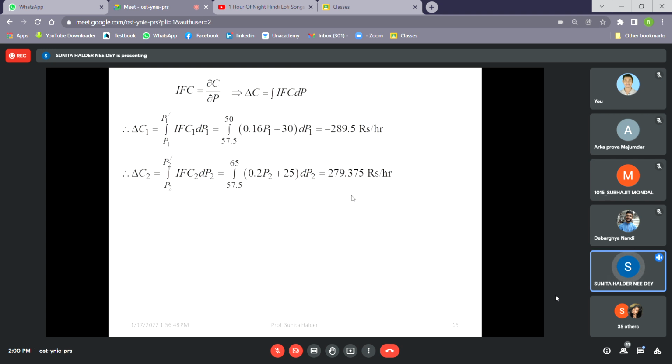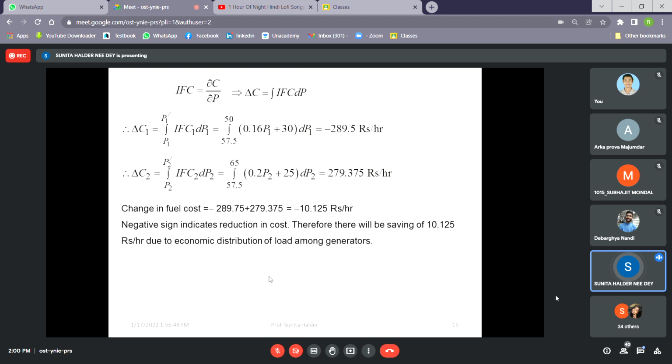In that way, the overall plant cost will be lower, but the individual generation cost may be higher due to economic load distribution. 57.5 megawatt generation was better for generator unit 2, but it was not good for unit 1. So overall the distribution of 50 and 65 is better for both of them because the overall plant cost is lesser. This is actually the insight of economic load dispatch.